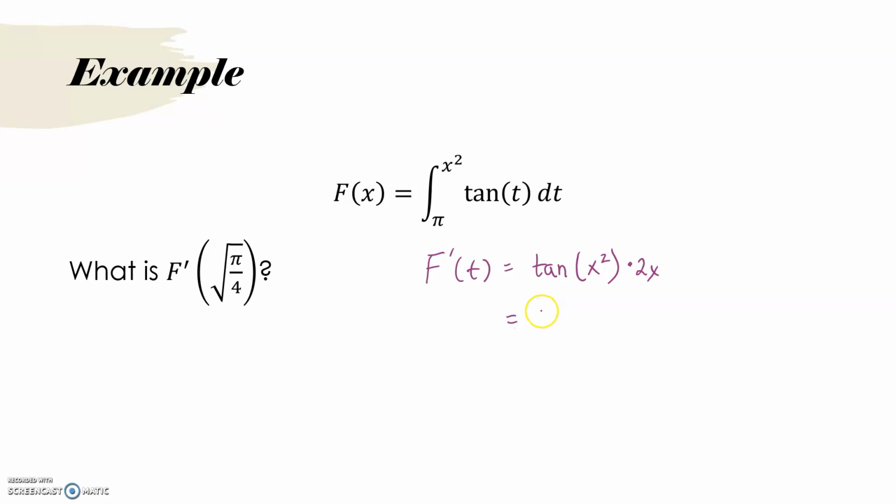So we have tangent of pi over 4 times 2 times square root of pi over 4. Tangent of pi over 4 is 1, so this derivative would be 2 root pi over 4.